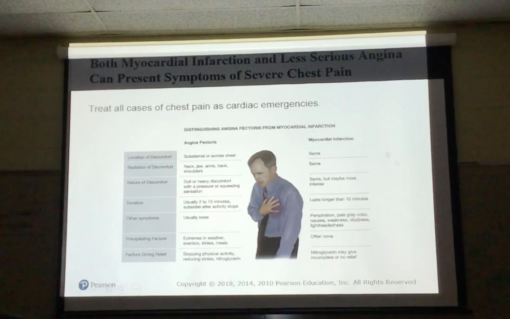All right? The boundaries between unstable angina and an acute myocardial infarction are not distinct. It can be very difficult to distinguish between these two conditions.